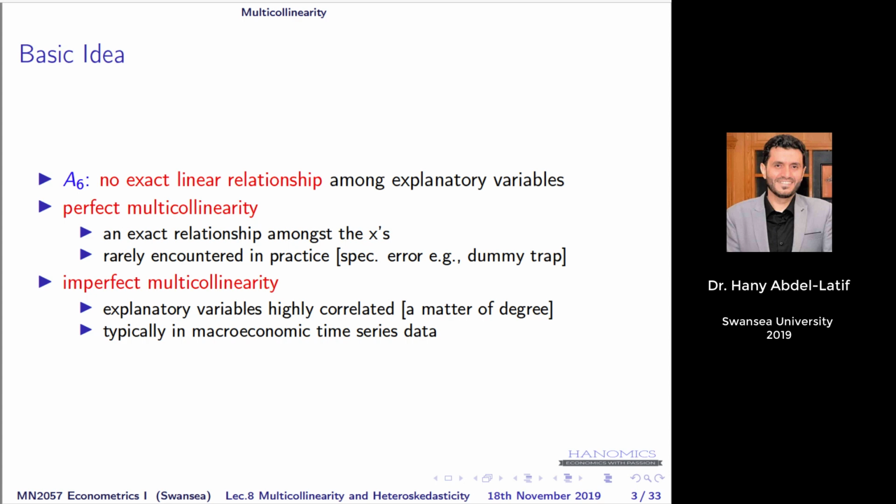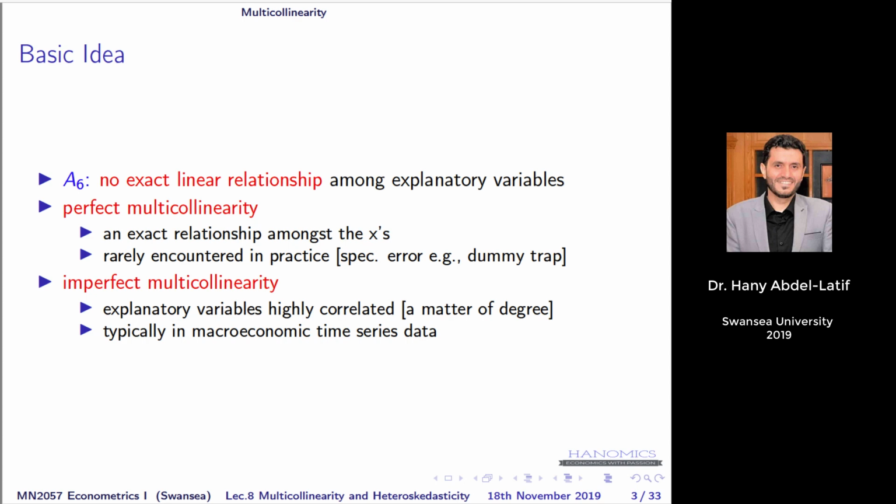So what if this is not true? What if there are two or more variables that are collinear, or there's some sort of linear relationship between two or more variables on the right-hand side? We differentiate between two cases: perfect multicollinearity and imperfect multicollinearity.